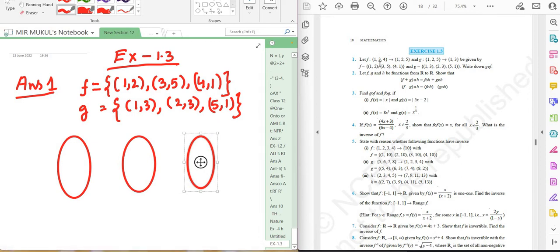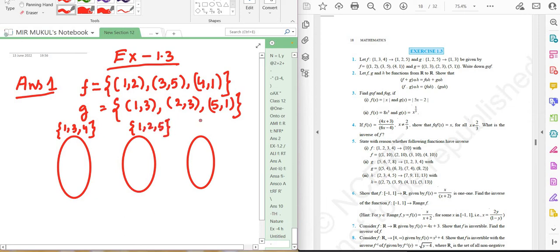The first set is {1, 3, 4}, the second set is {1, 2, 5}, and the third set is {1, 3}.